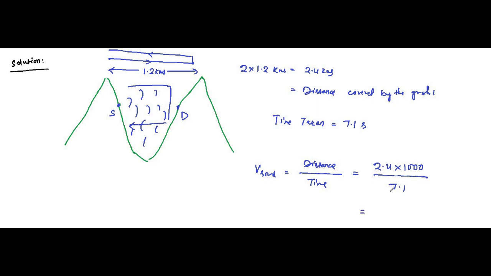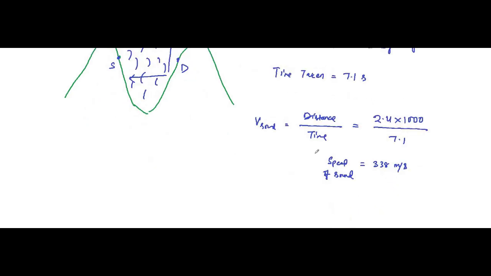If we calculate, it is coming around 338 meters per second. That is the speed of sound. This is the result. The speed of the sound waves, the gunshot sound, is 338 meters per second.